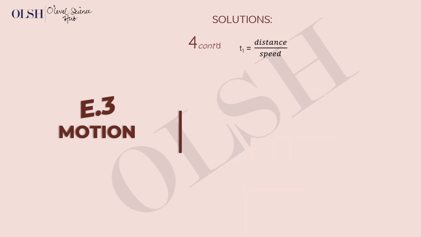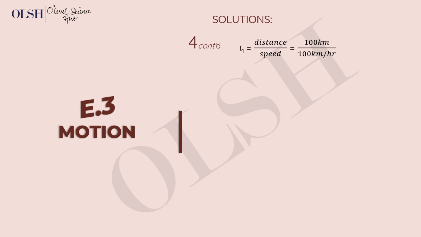So to get the time we spent in the first 100 kilometers, we can represent that time as T1. T1 is distance over speed. Our distance for T1 is 100 kilometers, and the speed we used for that distance is 100 kilometers per hour.